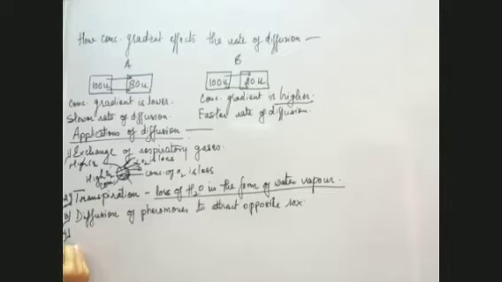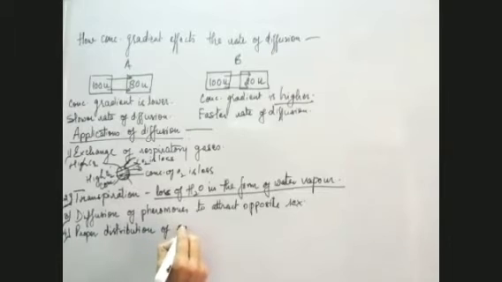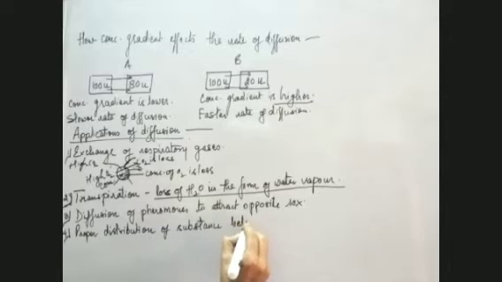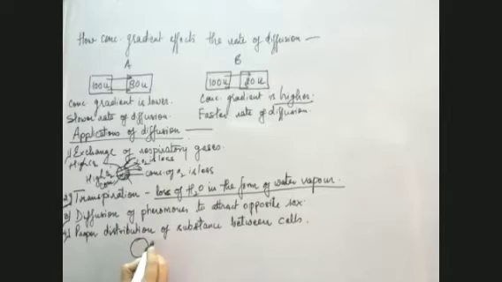The fourth process where you see the application of diffusion is proper distribution of substance between cells. If there are two adjoining cells, the diffusion of substance from this cell to this cell will take place only by the process of diffusion.